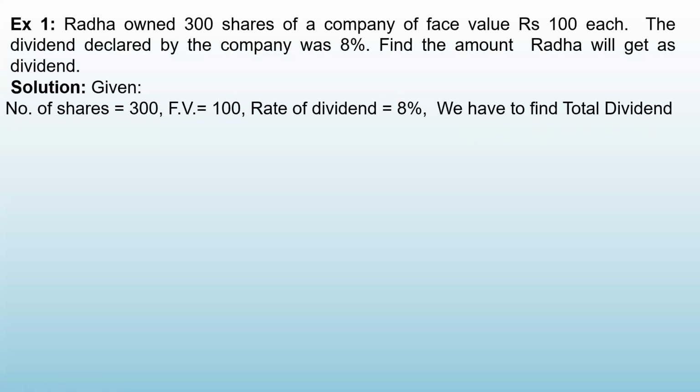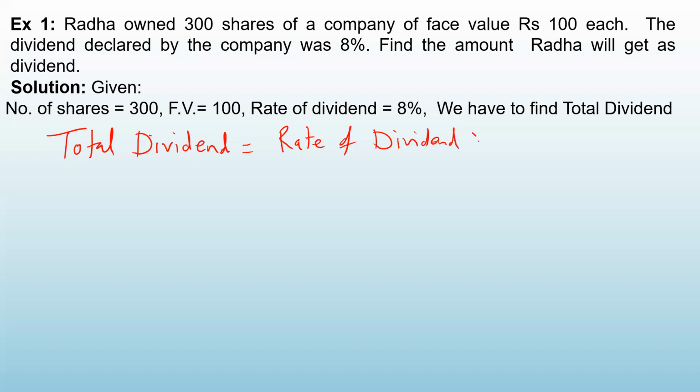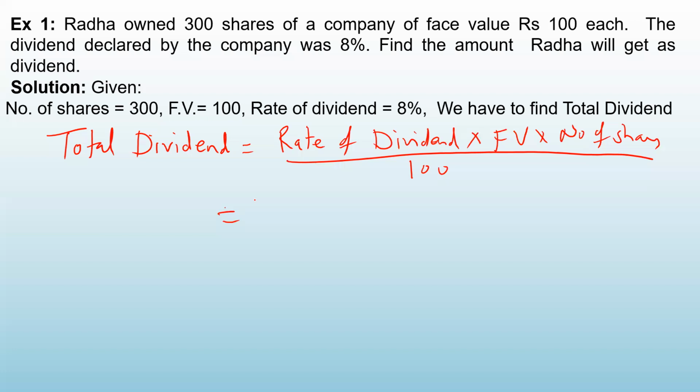Okay. So as you know, what is the formula for total dividend? Write down the formula. Total dividend is equal to rate of dividend into face value into number of shares divided by 100. What is rate of dividend? It is 8%. So 8.